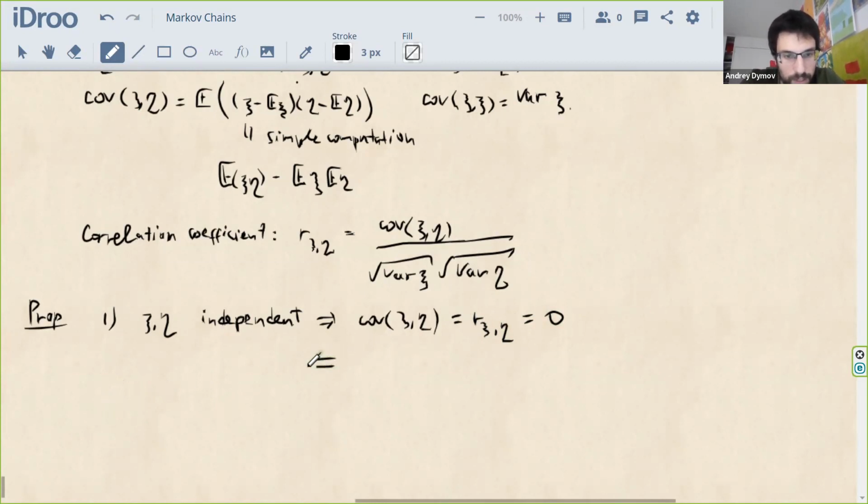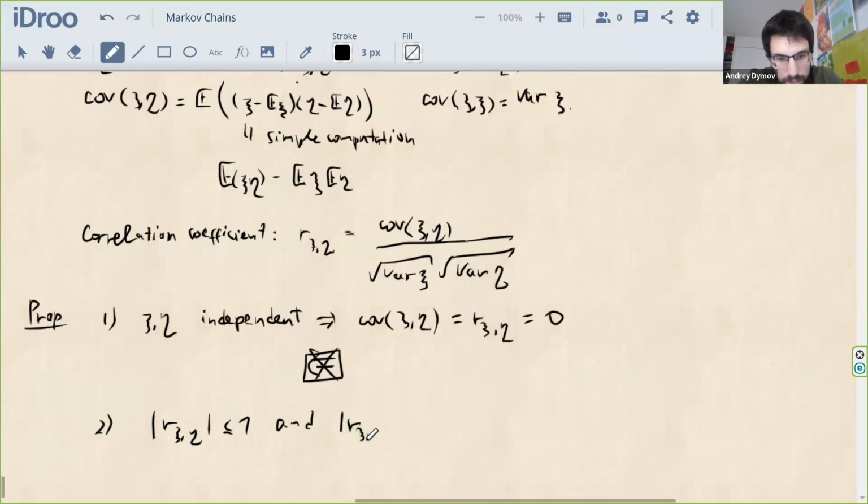The inverse statement is not true. And the second statement is that the correlation coefficient is bounded in absolute value by 1, and its absolute value equals 1 if and only if psi and eta are linearly dependent random variables.